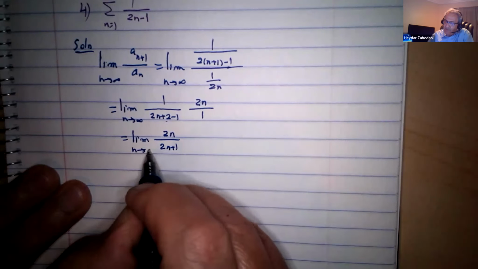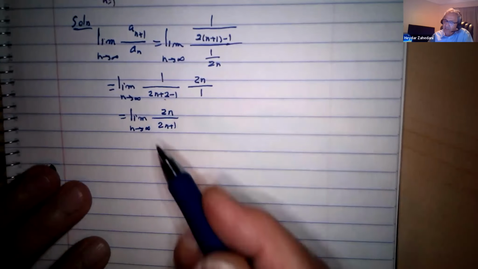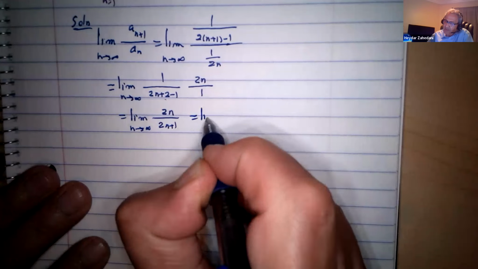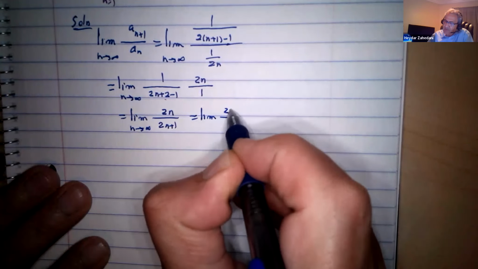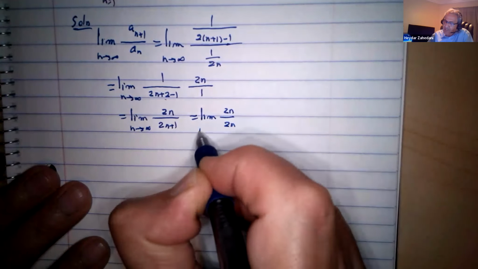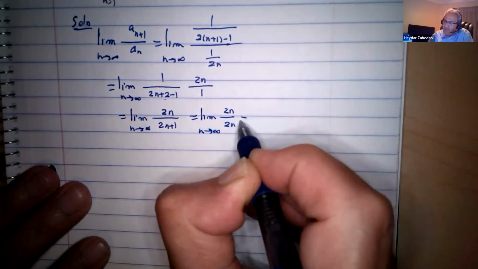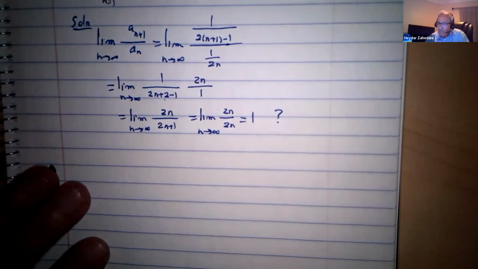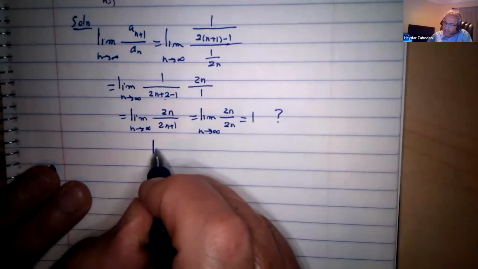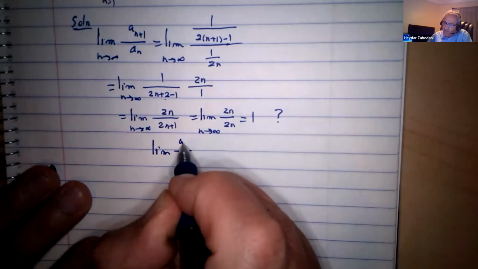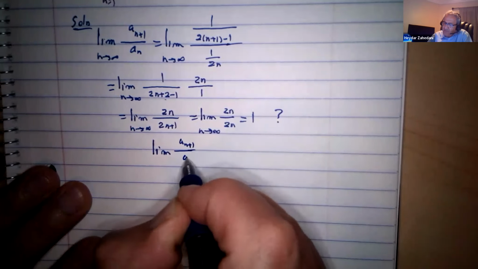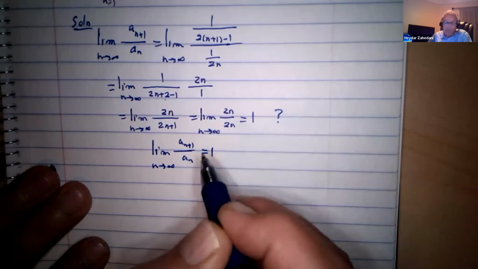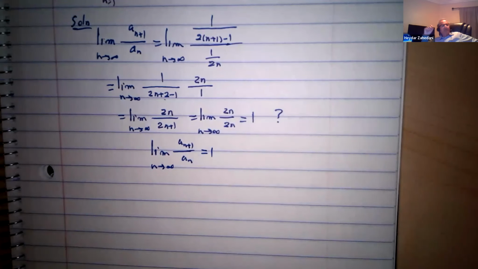You see when n goes to infinity, the degrees are the same. If you shrink it to the leading term, 2n over 2n, as n goes to infinity, that gives you 1, which is very bad. Because what you have here is the limit of a_(n+1) over a_n as n goes to infinity, and you get 1. We cannot use the ratio test when it's 1.